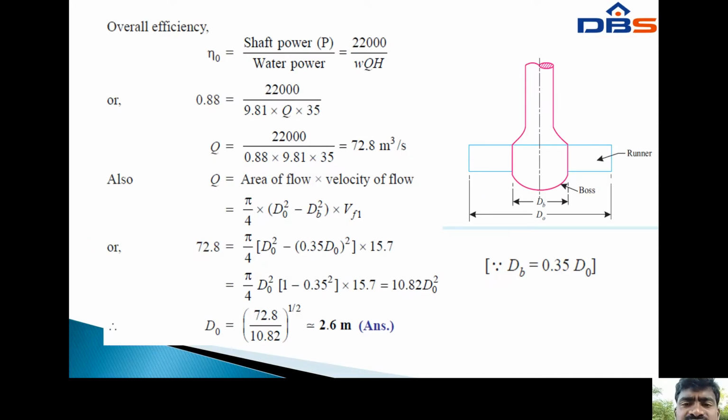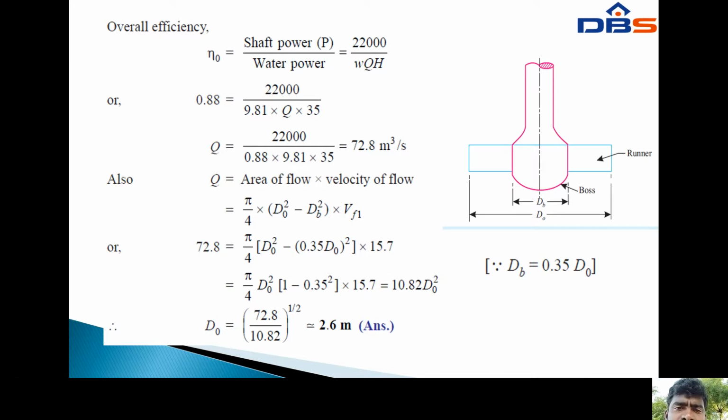Next, overall efficiency means shaft power by water power. This is the hub, the runner, the boss dB and d naught. dB and d naught are given in the problem, with dB equal to 0.35 d naught. Overall efficiency equals shaft power by water power. Shaft power is given in the problem as 22,000. Water power means WQH.